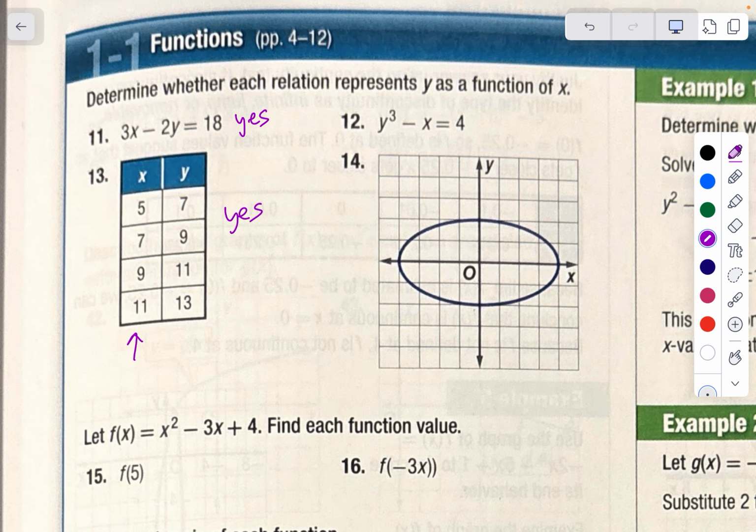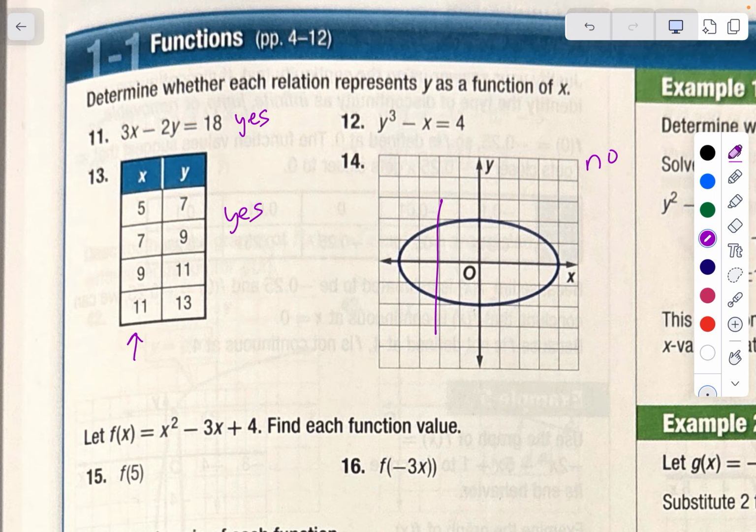Okay. 14's an easy one to determine it's a no, because of the vertical line test. The weirdest one to me is 12. Now, it's a cube root, a cube on the y.